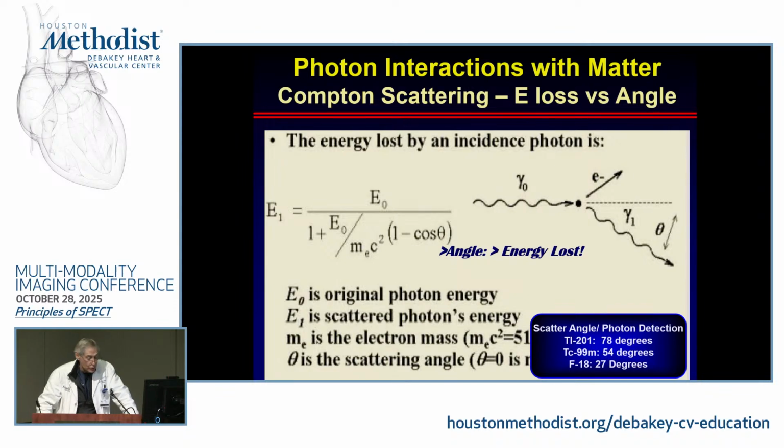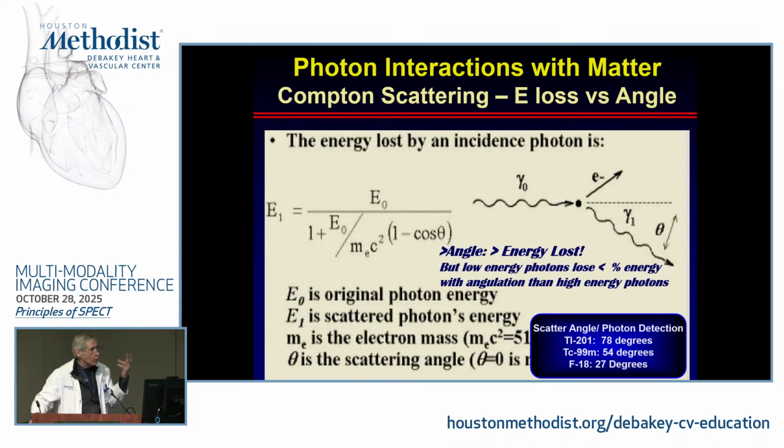The other thing I want to mention is that the greater the angle of deflection, the greater the energy loss. But one important issue is that low energy photons actually lose less energy with any degree of angulation. So to give you an example of that, with thallium, which is only 72 keV, you'd have to have a 72 degree angulation to go outside the energy window of accepting that as a real photon, or accurate photon.